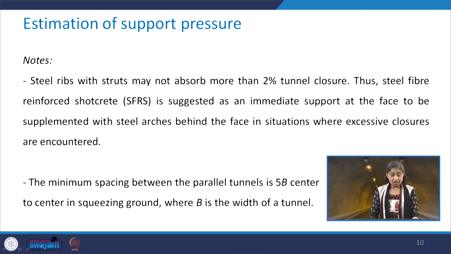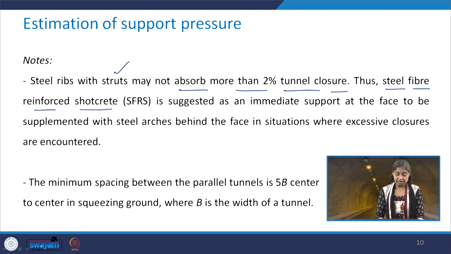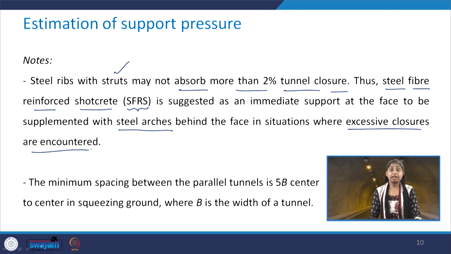tunnel. The steel ribs with struts may not absorb more than 2% of the tunnel closure, and in this case therefore steel fiber reinforced shotcrete, which is called in short SFRS, is suggested as the immediate support at the face, to be supplemented with the steel arches behind the face wherever these excessive closures are encountered.